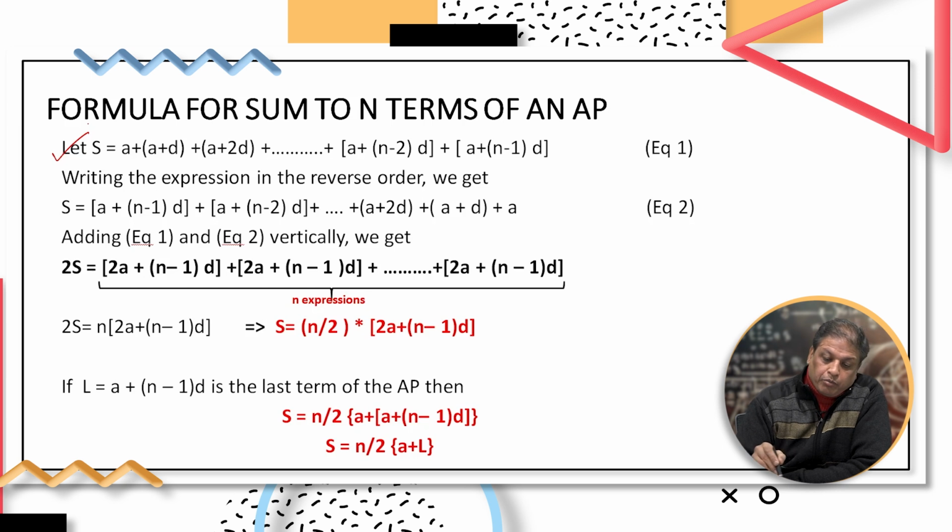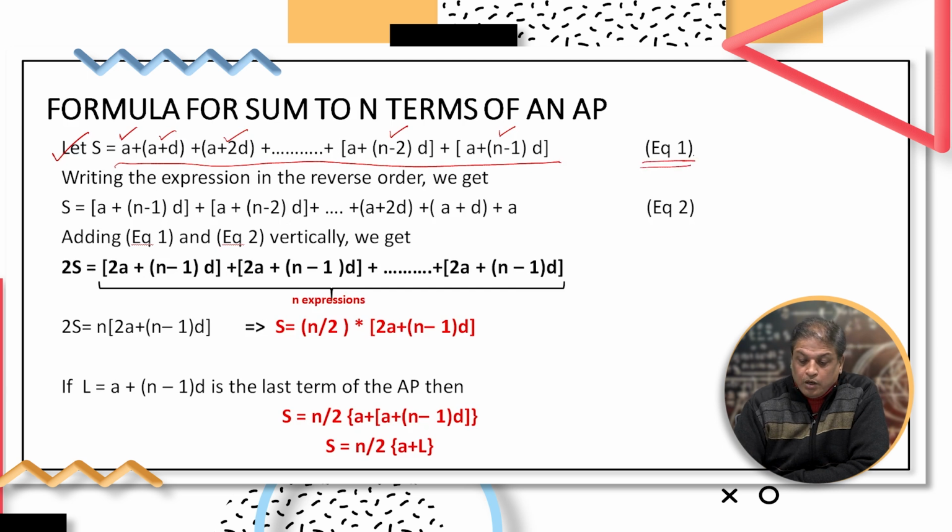If an arithmetic progression is given, whose first value is a, second is a plus d, third is a plus 2d, and the last term is a plus (n minus 1)d, S will be the sum of all those values. Say this is represented by equation number 1. Now, if we write this expression in reverse order, we will get equation 2.